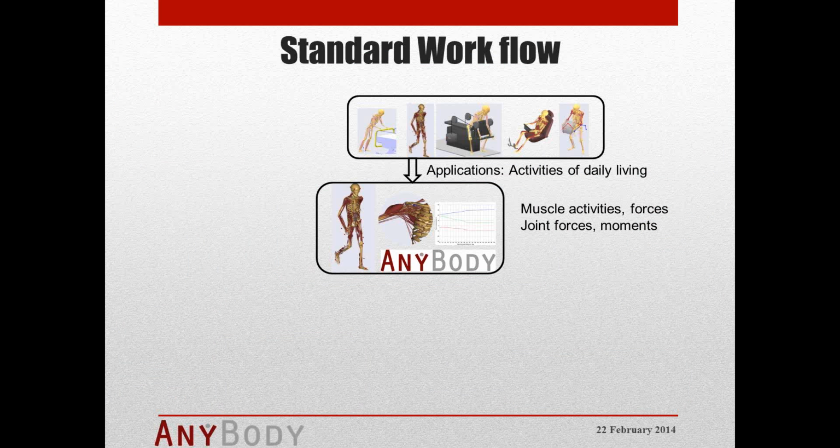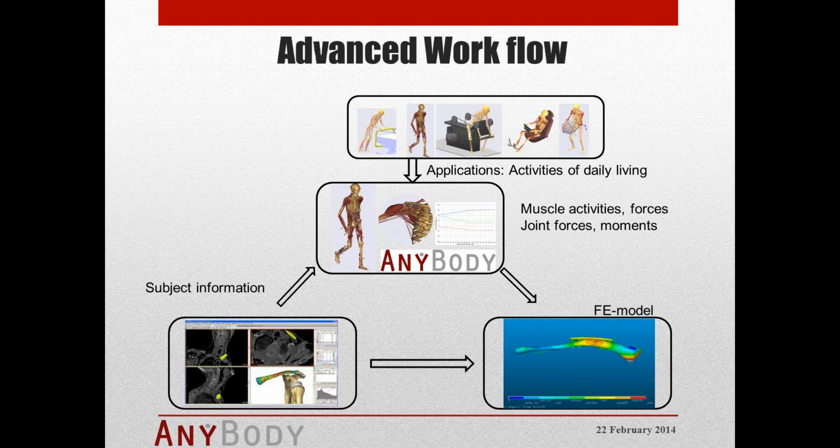But you can also do advanced workflows where you include patient-specific bone geometries from CT or MRI scans, so you don't use the standard bones or the standard body model that comes with the model repository. You can make your own patient-specific or subject-specific model, or you can also export all the loads into finite element software like ANSYS or Abaqus.